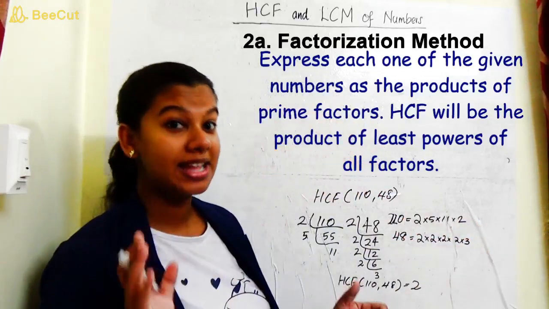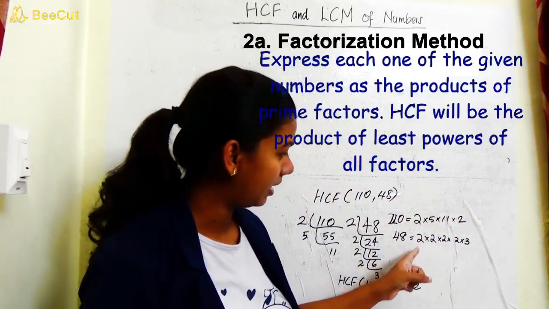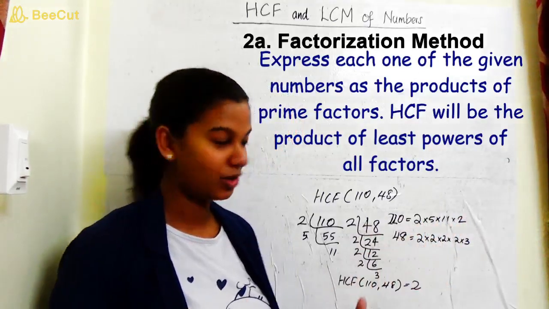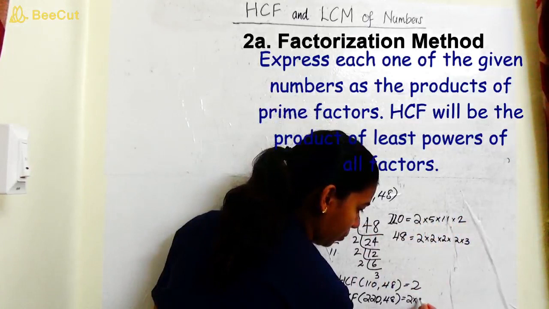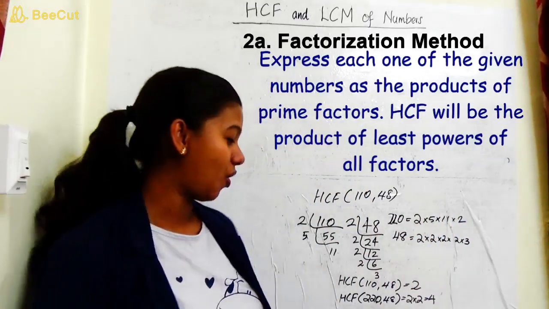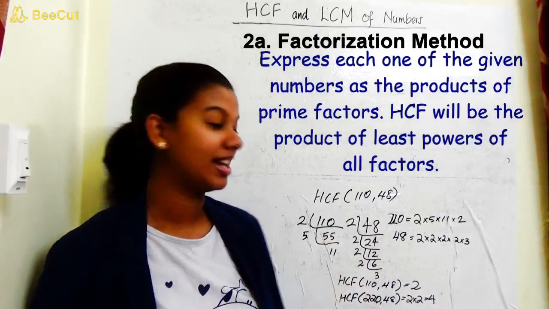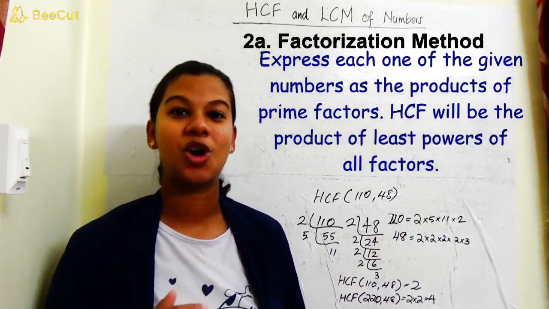So the HCF of 220 and 48 will be, here 2 into 2 can be taken as common. So when we write, HCF will be 2 into 2, which is equal to 4. So this is the method of factorization. In this way we can find out the highest common factor.